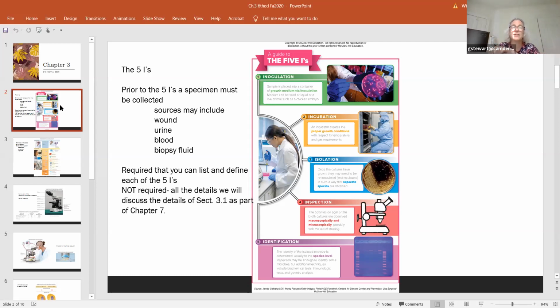Prior to the 5 Eyes, notice that I've put a specimen must be collected, and the sources could include all kinds of things. I included clinical things in this list here: an open wound, a urine sample, someone may draw blood, or a biopsy fluid from a tumor, or I forgot to put cerebrospinal fluid. That would also be a fluid that could be drawn as a sample.